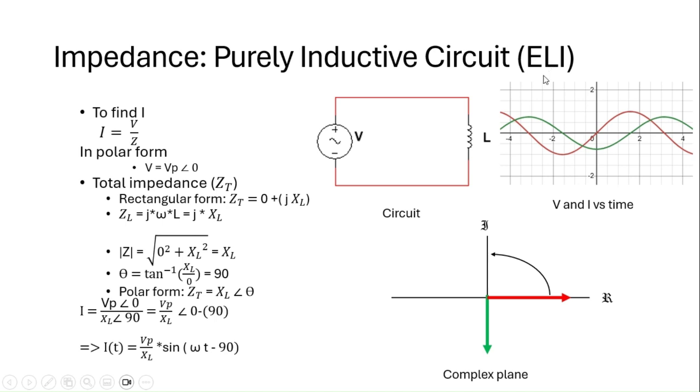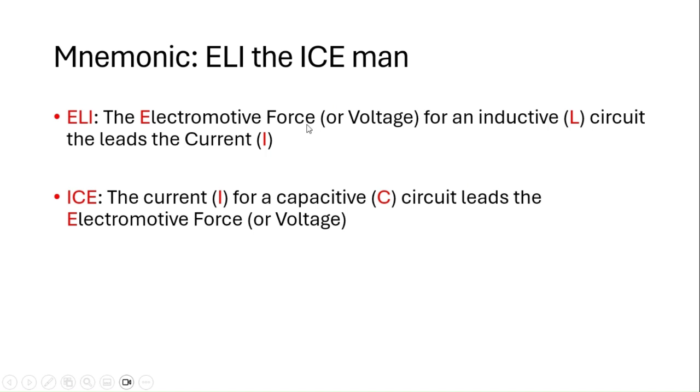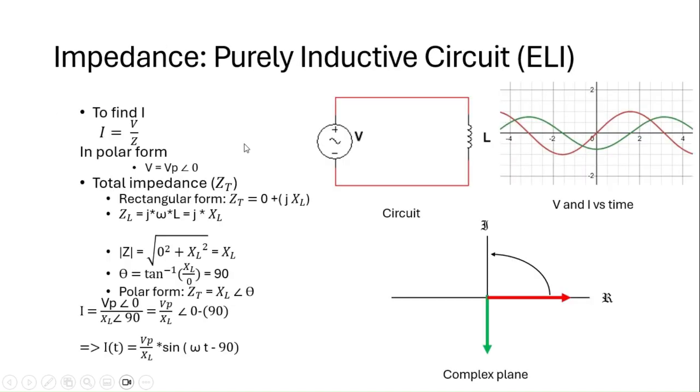Okay, and so now I'm going to explain that ELI stuff. So when you're dealing with impedances, there's this mnemonic. When you're dealing with impedances and you have circuits that have capacitors and inductors in them, if the circuit is predominantly inductive, or totally inductive, what will happen is that your electromotive force, or what we call the voltage, is going to lead the current, which is what we saw back here.